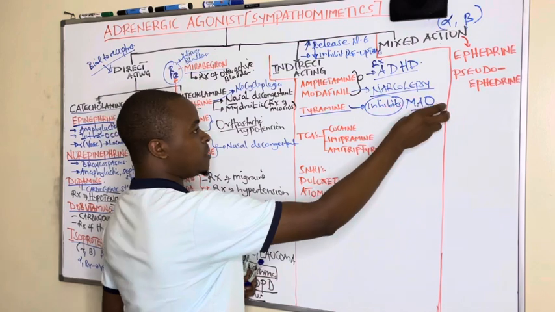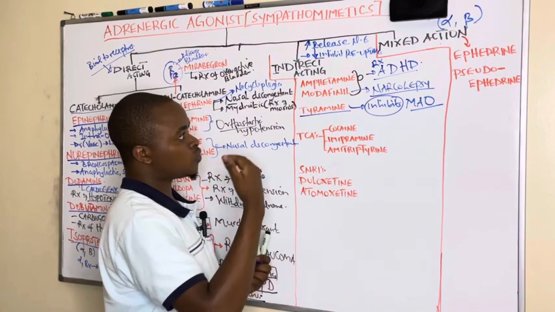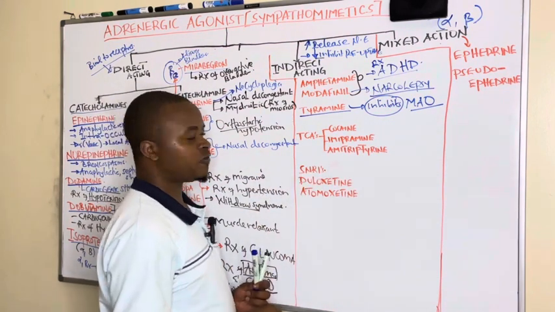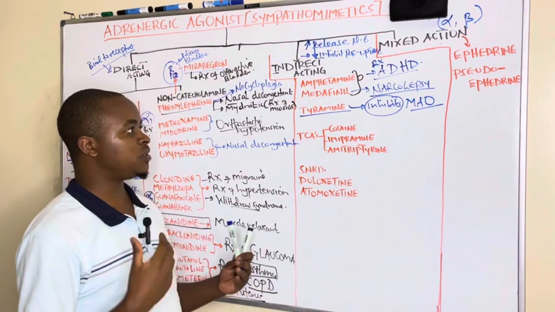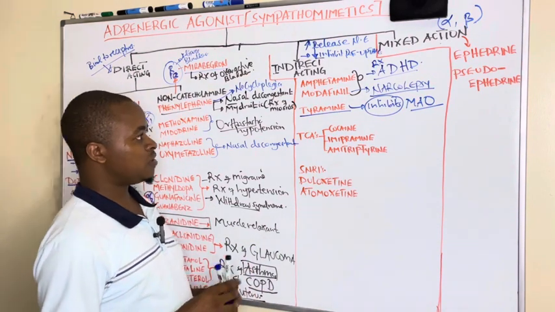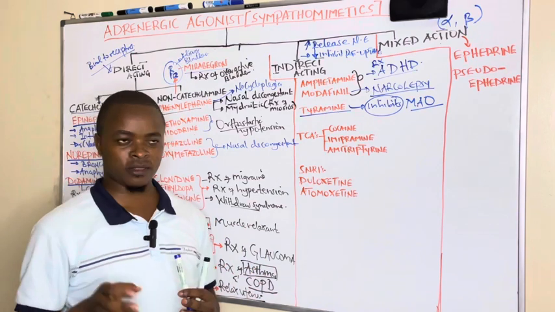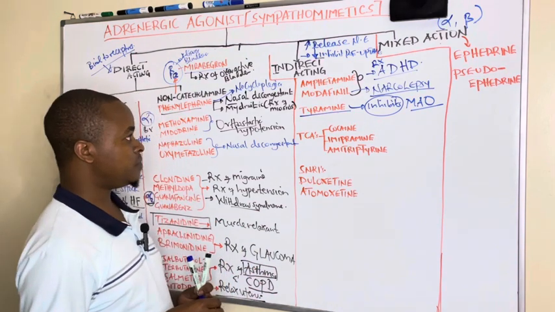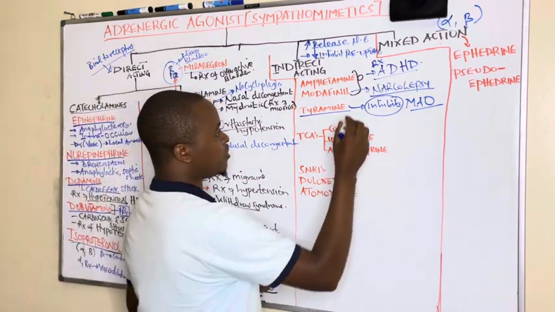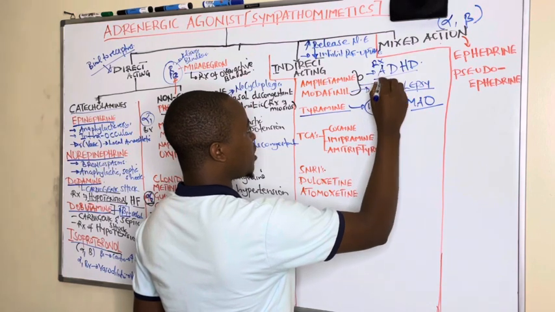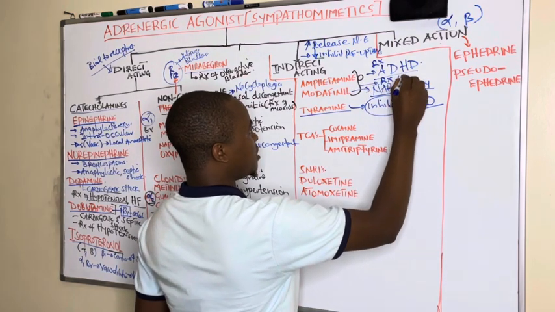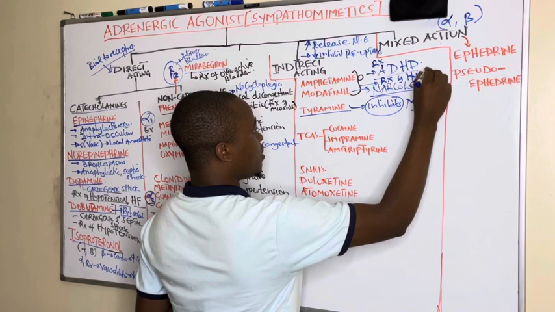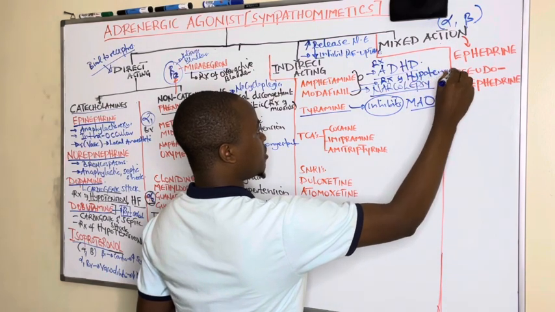When it inhibits MAO, it leads to the accumulation of norepinephrine, hence increasing the activity of the sympathetic system.